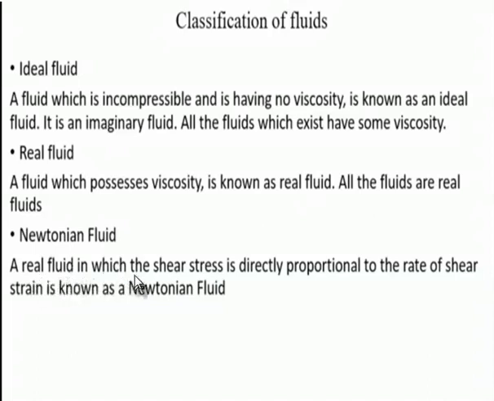A real fluid in which the shear stress is directly proportional to the shear strain is known as a Newtonian fluid. If shear stress is directly proportional to the shear strain, then such a fluid is called a Newtonian fluid. It is a real fluid.